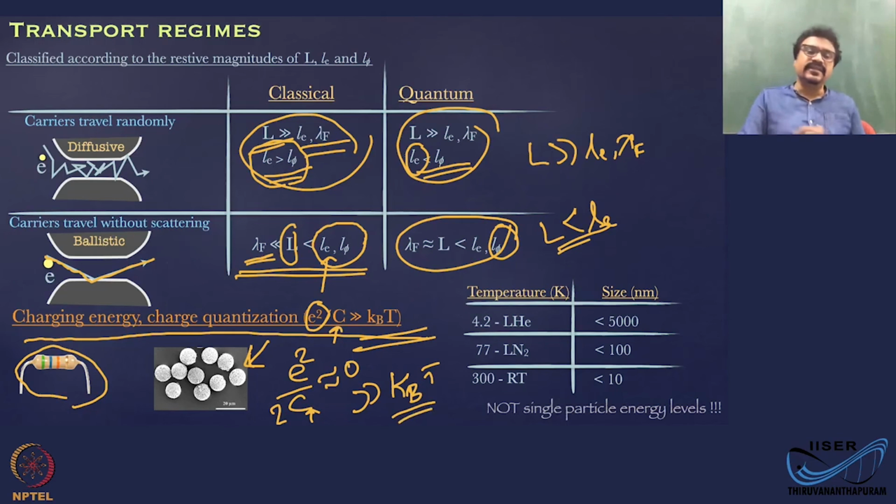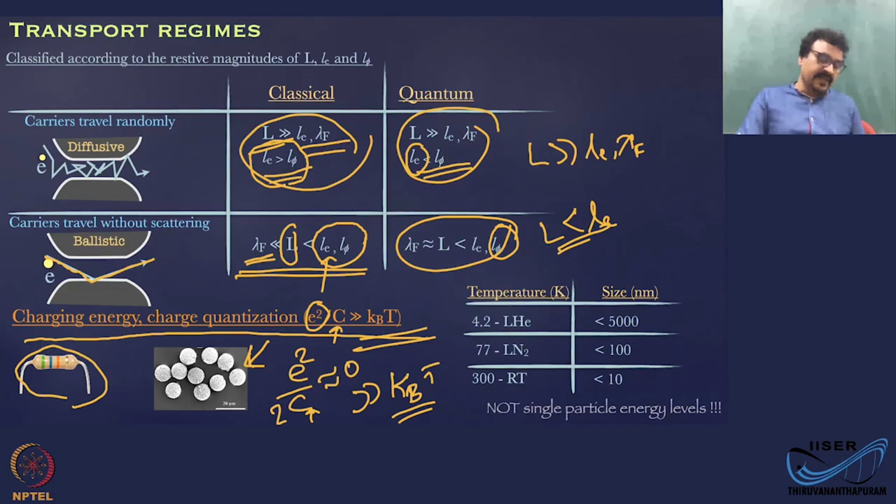Then the charging and discharging of the nanoparticle is basically forbidden because the temperature doesn't have enough energy, and we need to supply sufficient energy to overcome this charging energy. That is actually called Coulomb blockade, which we will discuss when we discuss quantum dots in detail.